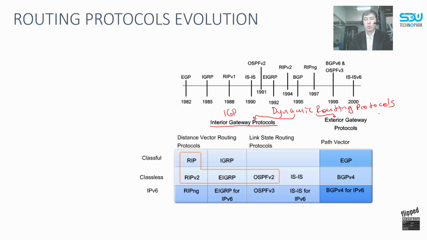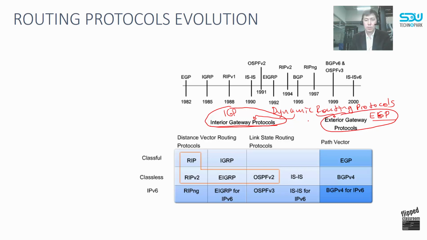And exterior gateway routing protocols, we can call them EIGRP protocols. Those protocols which are working inside an autonomous system, and those protocols which are working between autonomous systems, or we may say outside an autonomous system.